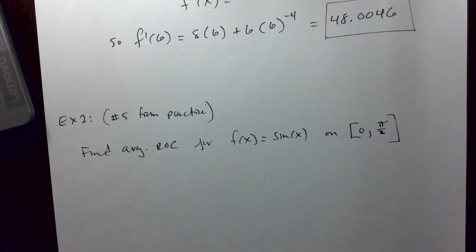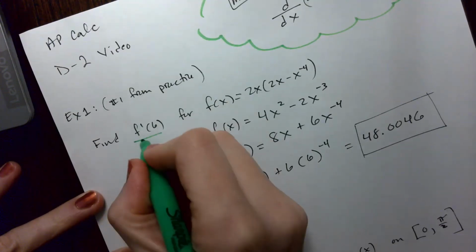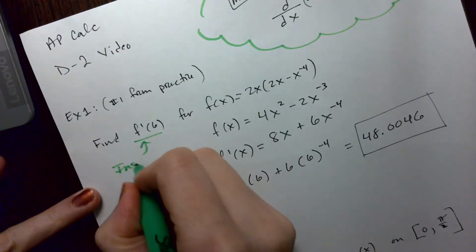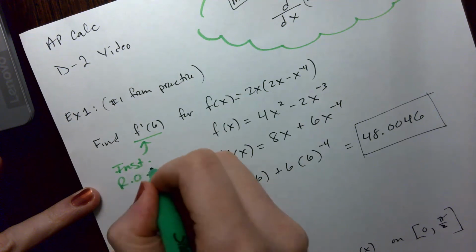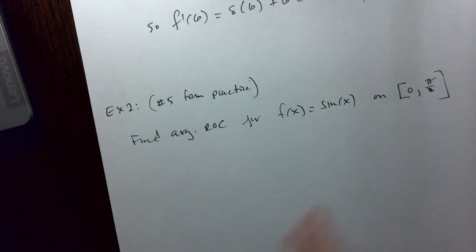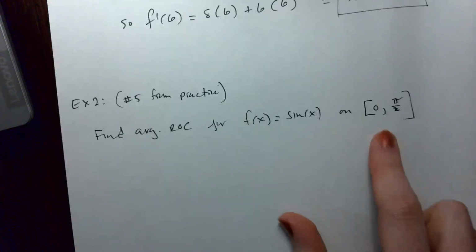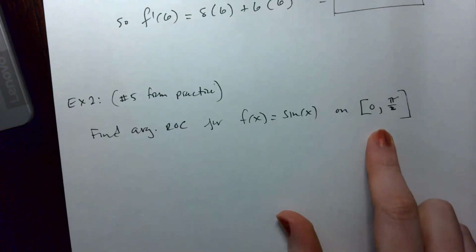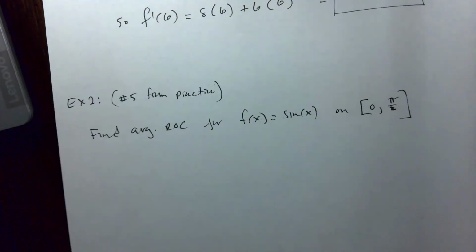All right, now this time, find the average rate of change. Up here was the instantaneous rate of change; the derivative is the instantaneous rate of change. Here we're going to find the average rate of change for this function on that interval. For average rate of change, you do not take the derivative.